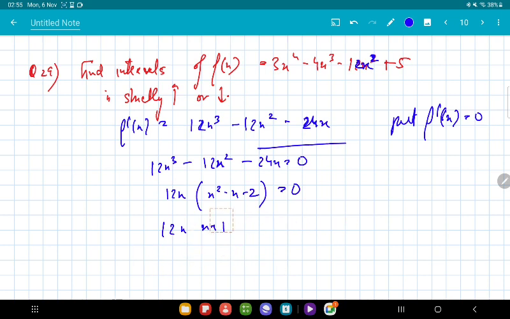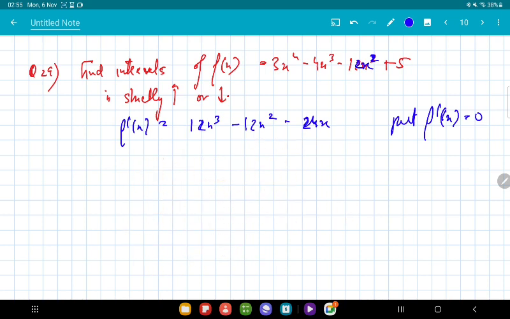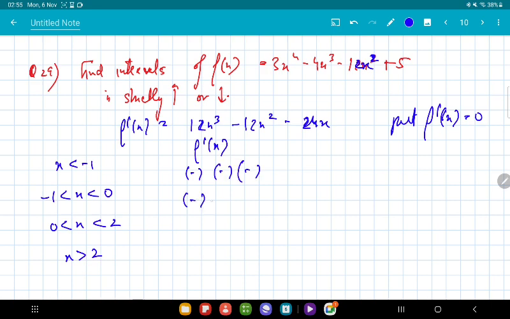Okay, sir. So I hope you have understood what I've done now. I'll make the intervals for you. Minus 1, 0, 2, like this. So here you will check f dash of x: negative, positive, positive, those three terms which I wrote down for you.